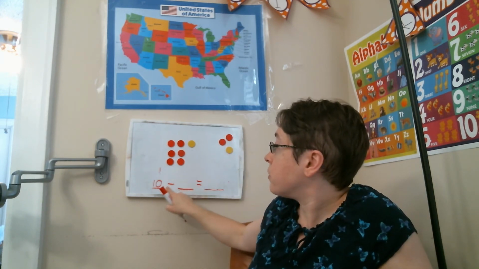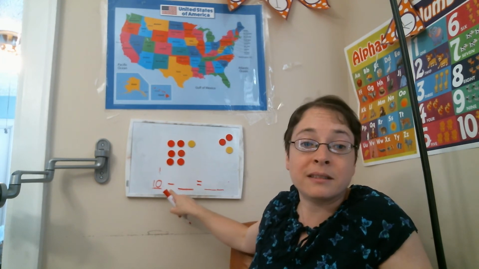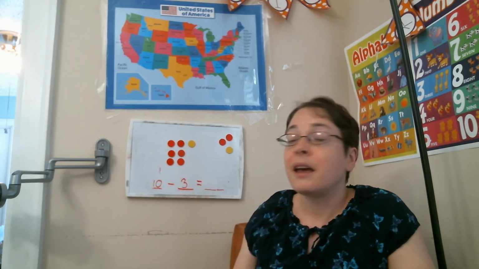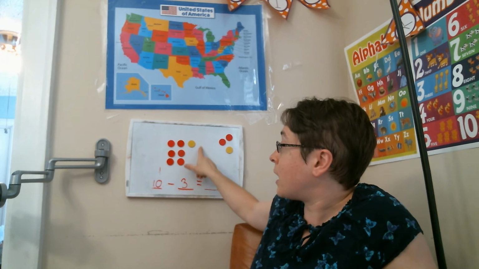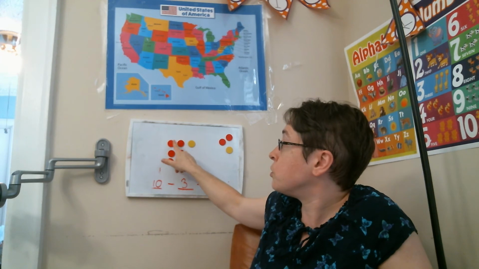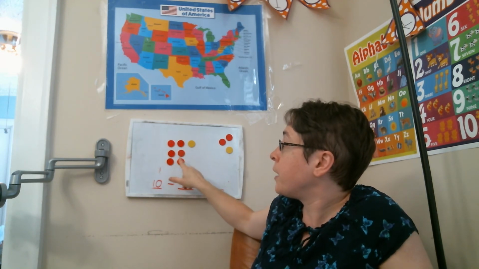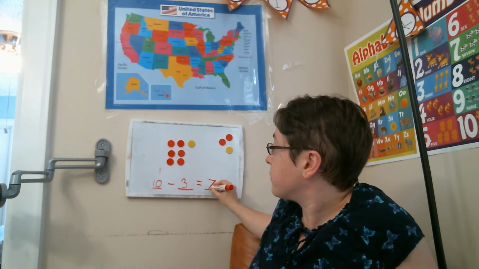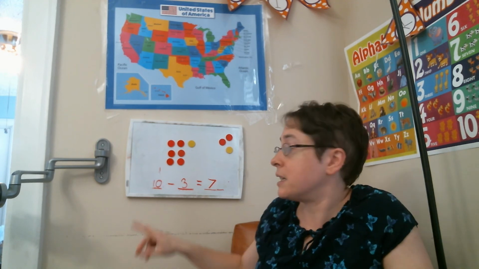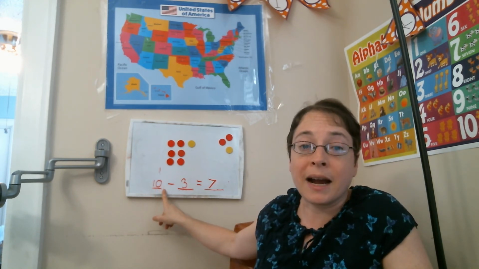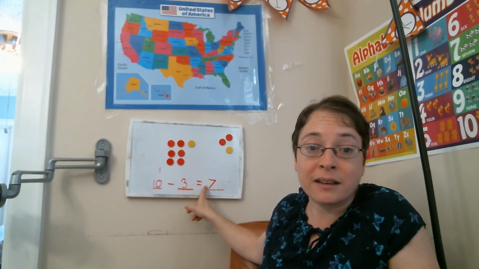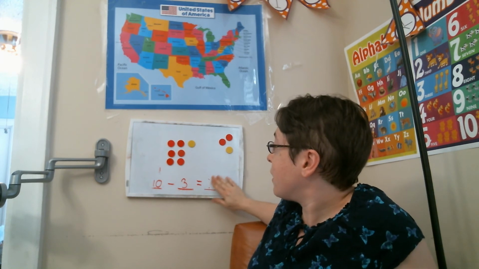So this is minus. That is another way to say take away 3. And then after the equal sign, we need to put how many are left. 1, 2, 3, 4, 5, 6, 7. So our number sentence is 10 minus 3 equals 7. Very good.